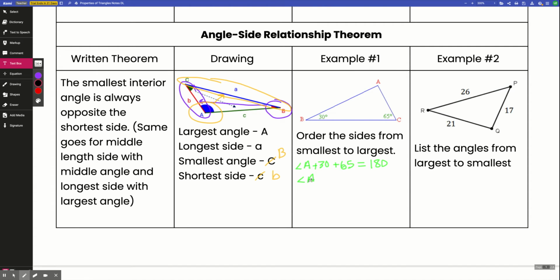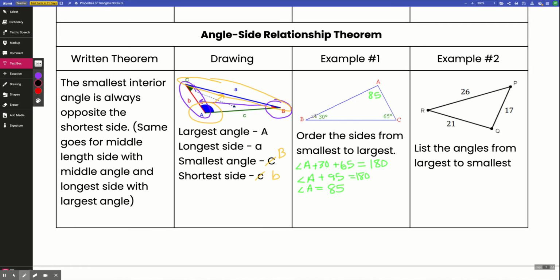So I have angle A plus 95 equals 180. If I subtract 95 from both sides, angle A has to be 85. So this missing angle here is 85.